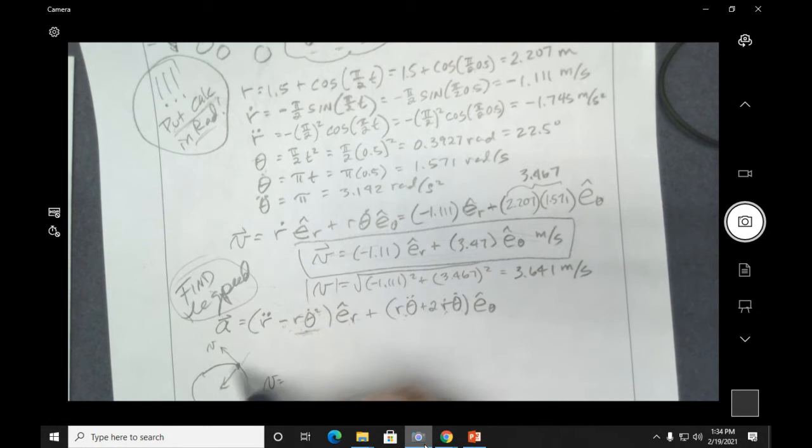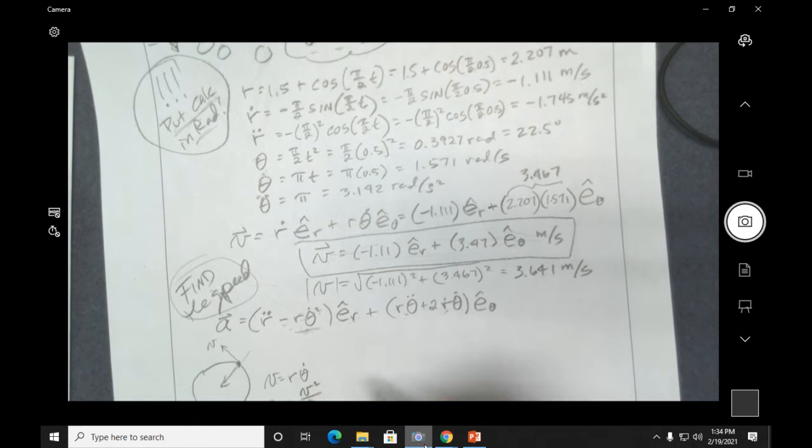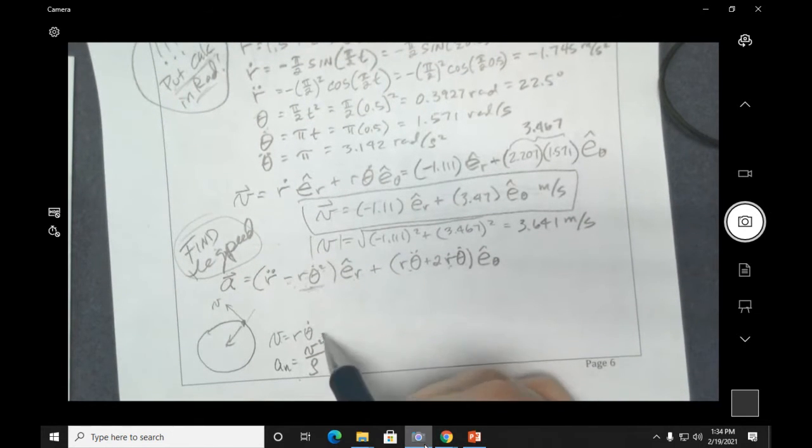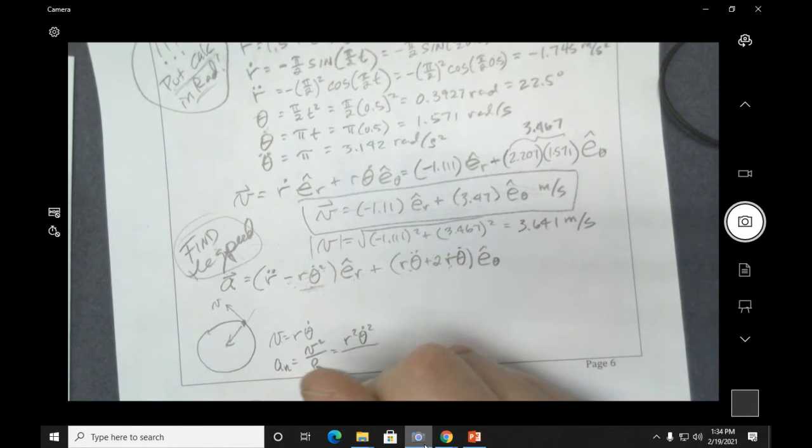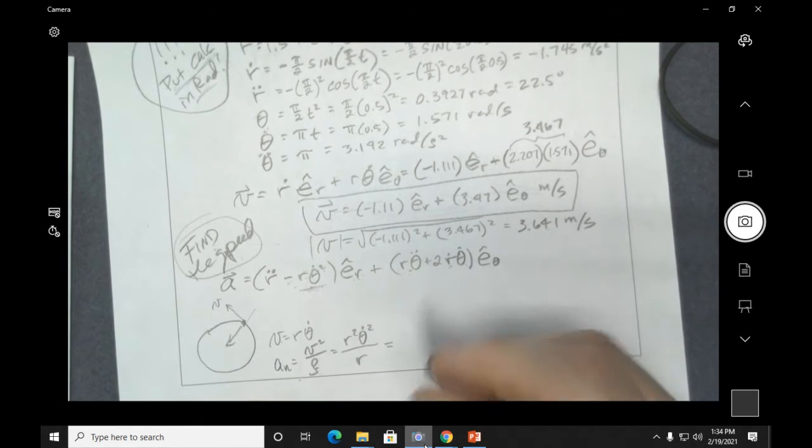If it was just circular, there would be no r dot, and so the velocity would be r theta dot. If you were to plug that back into the centrifugal acceleration, which we usually say like this right here, right? Plug that in. r squared theta dot squared over r, that's the same thing as r right there, right?